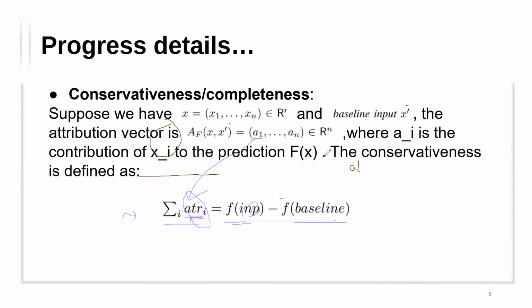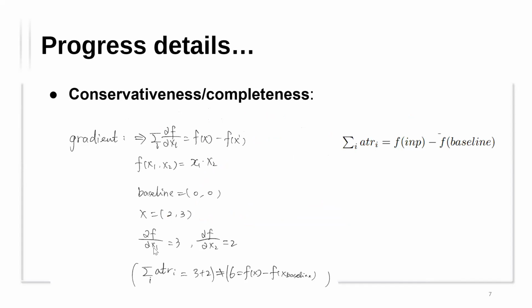Okay, please go on. So, for example, in the case of gradient, this is A1 and this is A2. If we sum them together, it's 5.